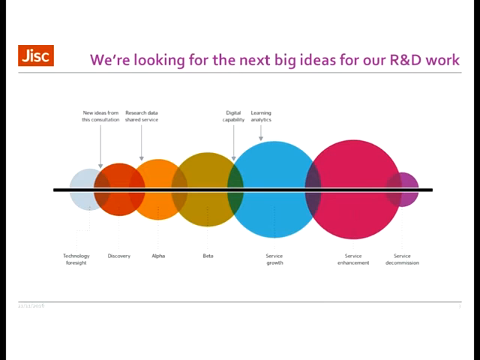The last time we did this at scale was 2014. The three big ideas that came out of that were for a research data shared service, digital capability, and learning analytics, and those are now the three big projects that are going through our R&D pipeline, which is what you can see on the screen at the moment.